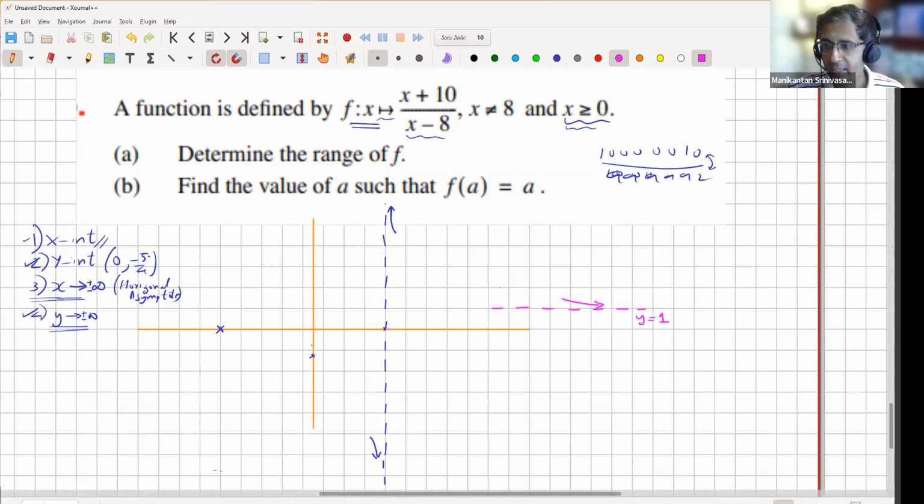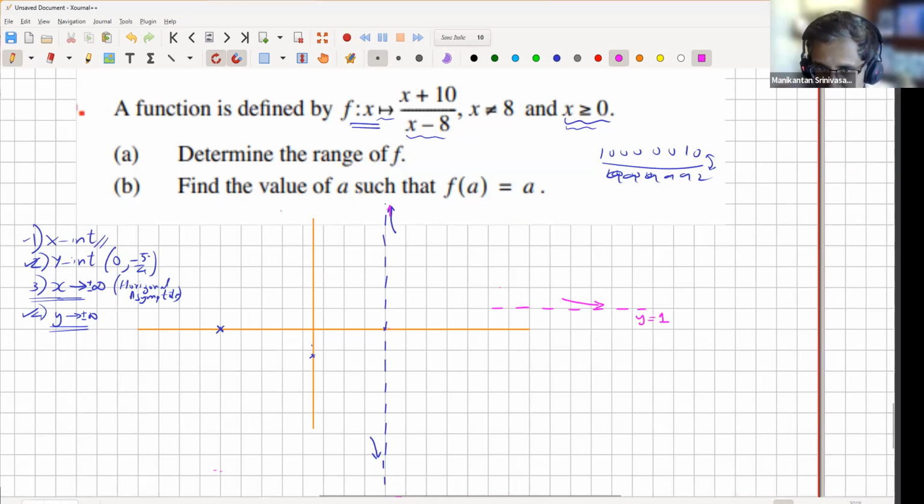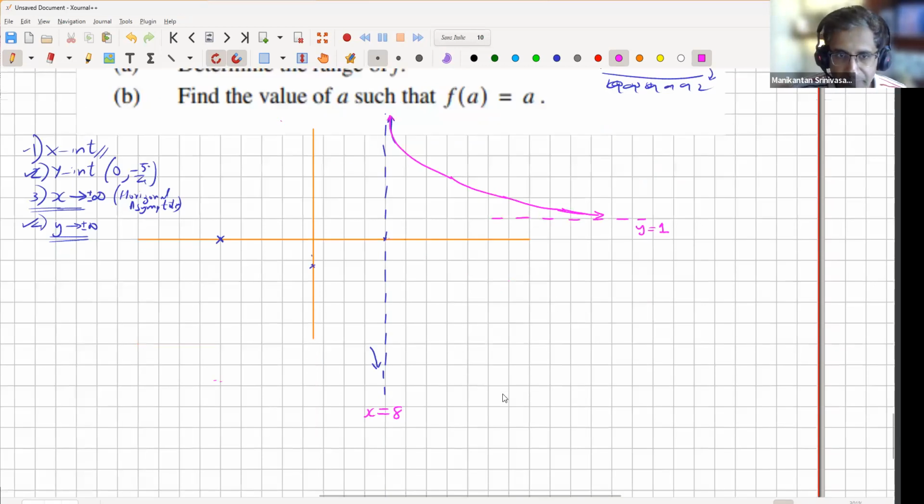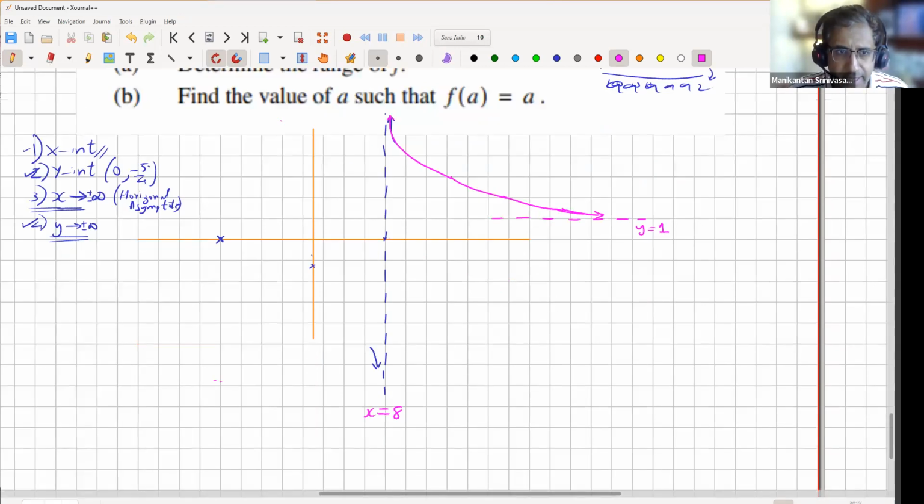Now we can connect the missing pieces like a puzzle, right? So for it to be a smooth graph, this is going to gradually reduce and then approach the horizontal asymptote for large values of x. And similarly, on this side. Suppose x is a minus million.